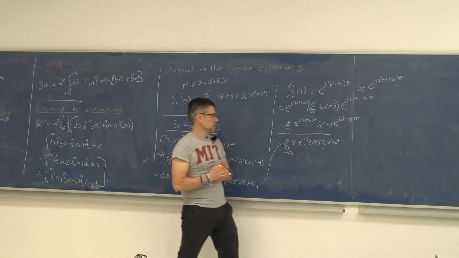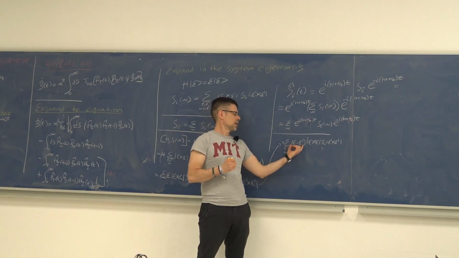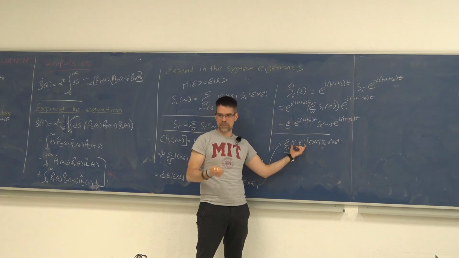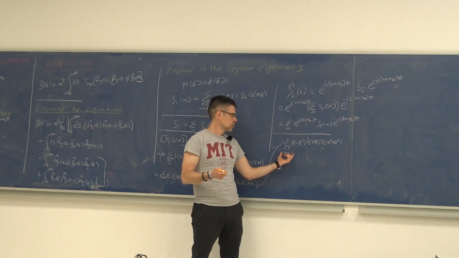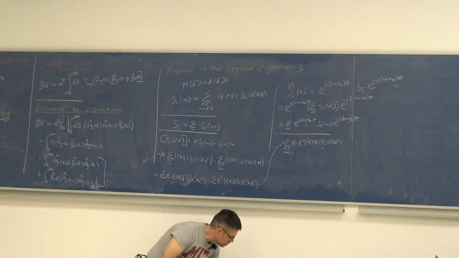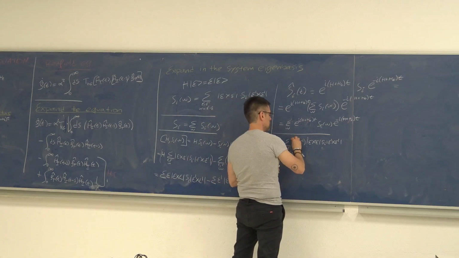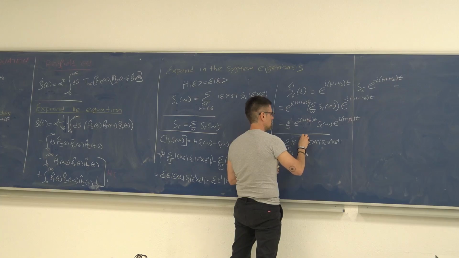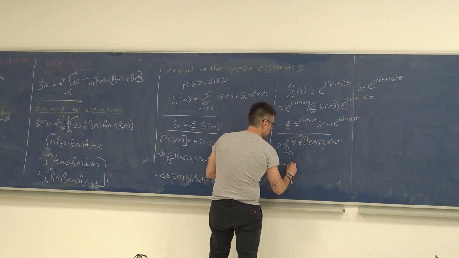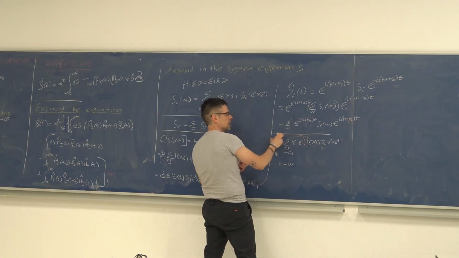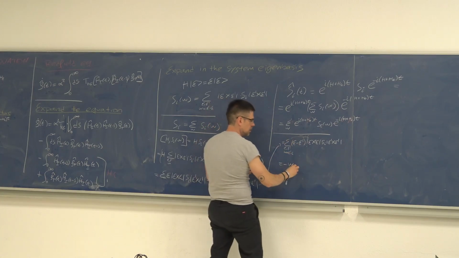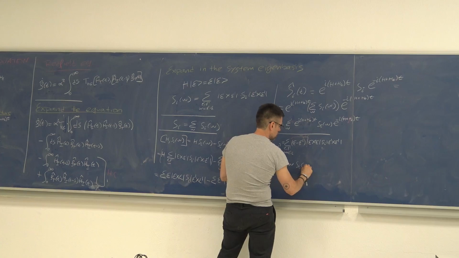So in principle, we are summing over epsilon and epsilon prime, but luckily we don't get epsilon and epsilon prime independently. We get the difference, which we are keeping constant. This is the same as minus omega. So this will be just minus omega, and this I can take out, because the omega is the same for all epsilon prime I get. It will be just minus omega SI of omega.